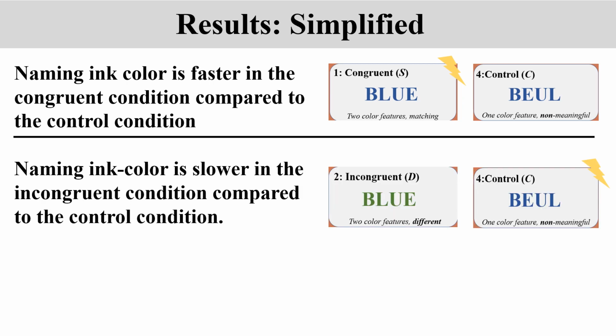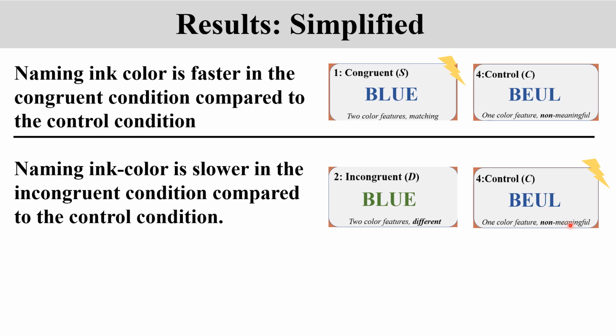In the other condition, they found that naming in color is slower in the incongruent condition compared to the control condition. So the incongruent condition, let me get this laser pointer. The incongruent condition, the color blue is printed in green. So as you know already, there's an interference. So this is slower than the control condition.